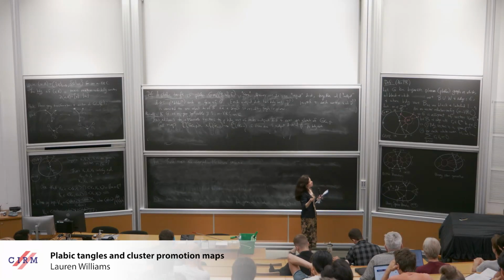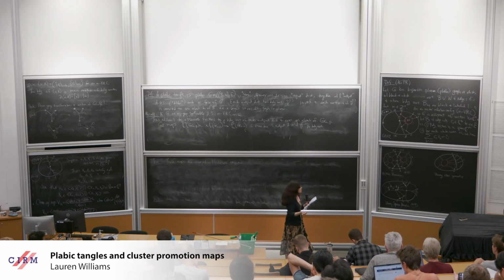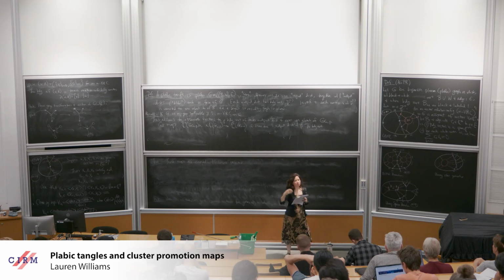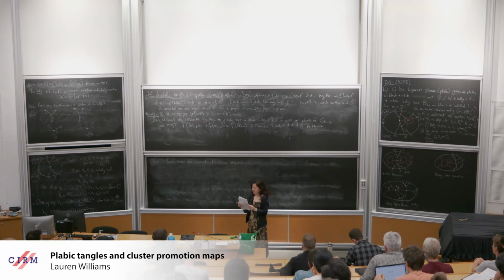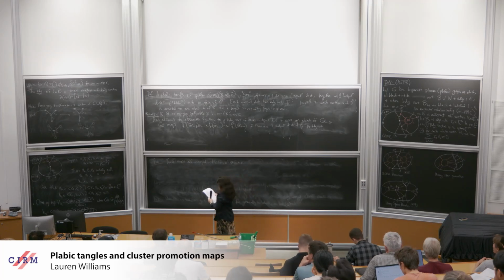The cluster structure on Grassmannians is really poorly understood. We don't have a parameterization of all cluster variables, but by building these kind of complicated maps, we can prove infinite families of new functions which are cluster variables, which were not known before. So that's the kind of application that falls out.